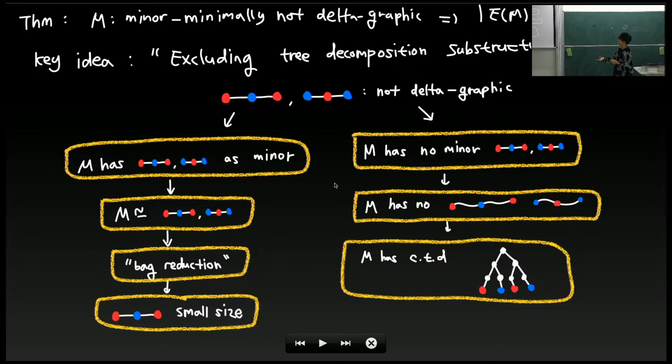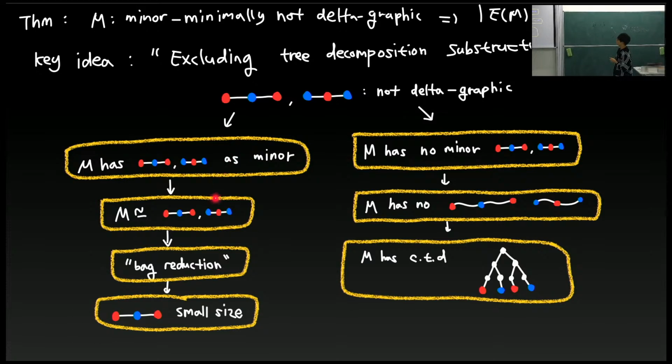So by using band reduction, what I said before, we can prove that each bag should have a small size, and we can conclude that M, in this case, should have a small size.